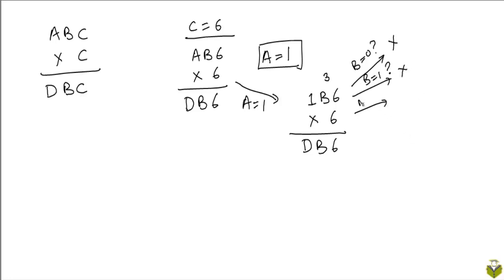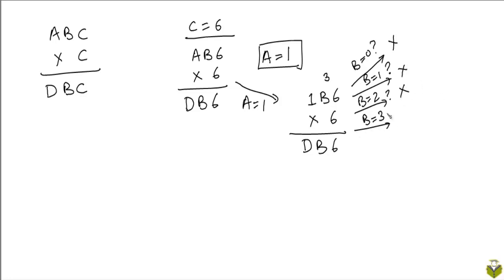What about B equal to 2? Well, 6 times 2 would be a 12. 12 plus 3 would be 15. So we would put B equal to 5 over here and carry a 1 forward. So if B was set to be 5 here and B was set to be 2 over here, that's not consistent.